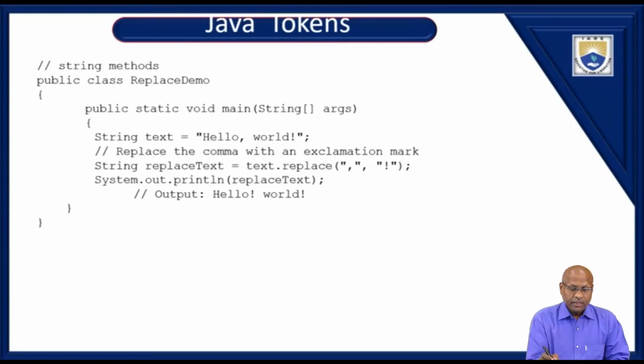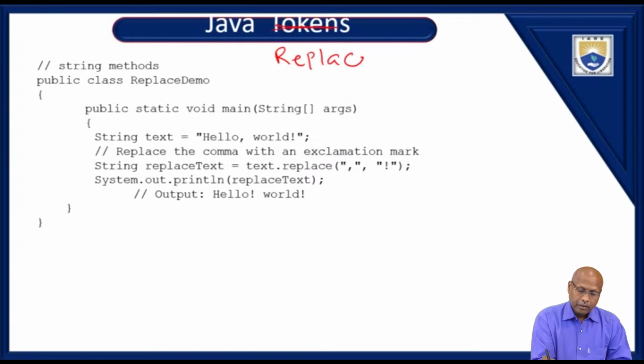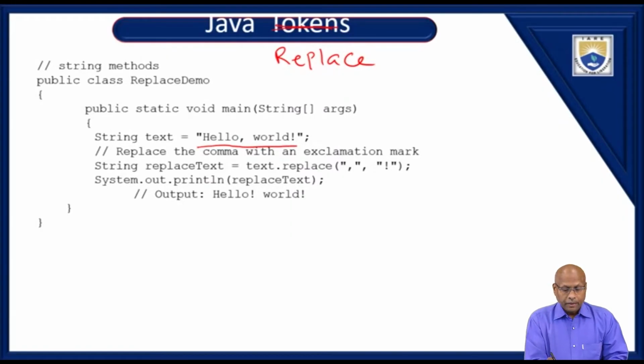Then one more is replace. How to do replacement? Assume "Hello, World" is there. You are replacing this comma with an exclamation symbol. So text.replace with the comma, you are replacing it with the exclamation symbol. Now automatically wherever a comma is there, it is replaced with the exclamation symbol.